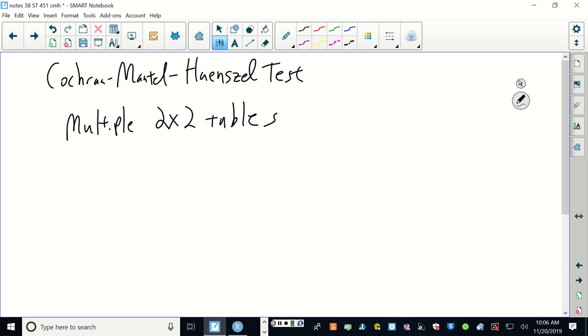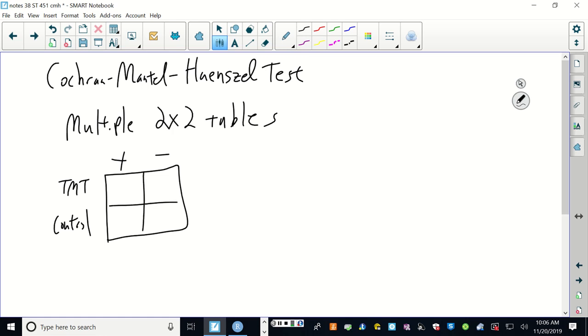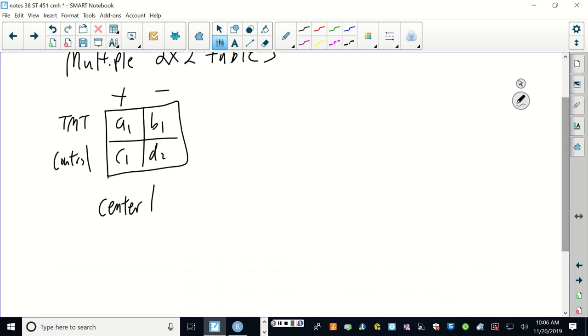We might have treatment and control here, and then a positive outcome and a negative outcome as one 2x2 table. So here's A1, B1, C1, D1. This would be the data just from, say, center 1. Right? A lot of medical studies are done on multi-center sites so that they have a better chance of recruiting patients.